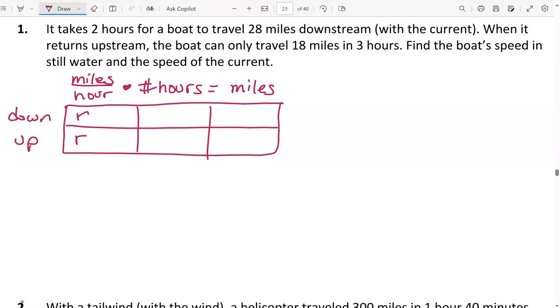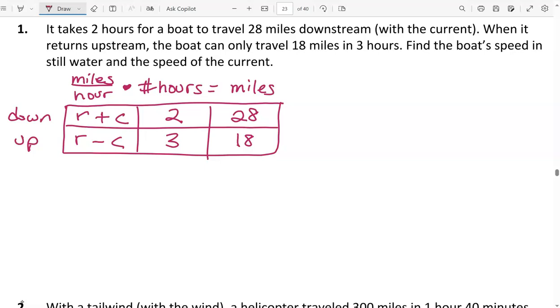So the rate in still water will be added to the speed of the current if we're traveling downstream or with the current, and then when traveling upstream, the speed of the current is subtracted from that rate. So the trip downstream takes 2 hours, and we go 28 miles, and then the trip upstream, we only travel 18 miles, and it takes 3 hours.